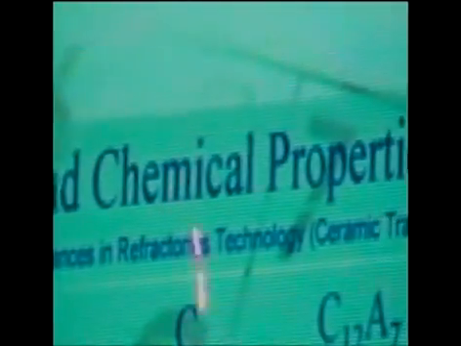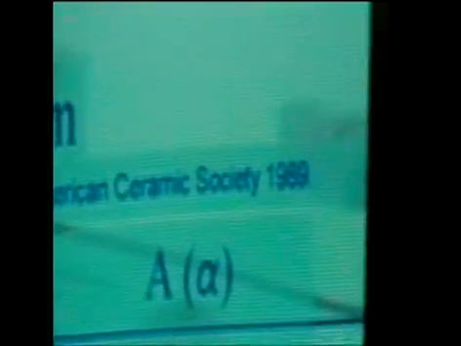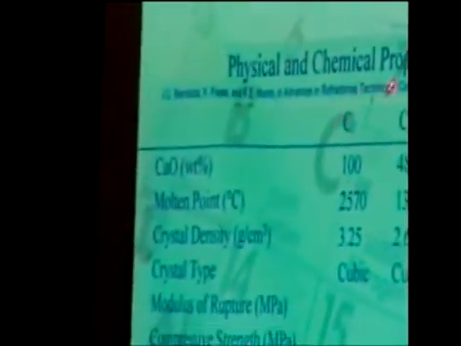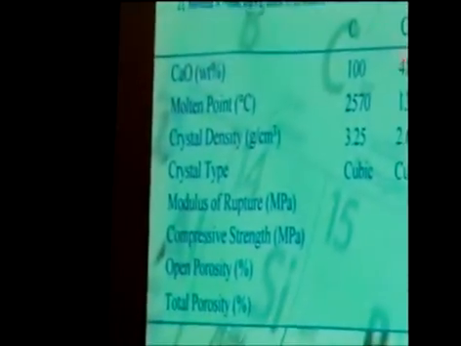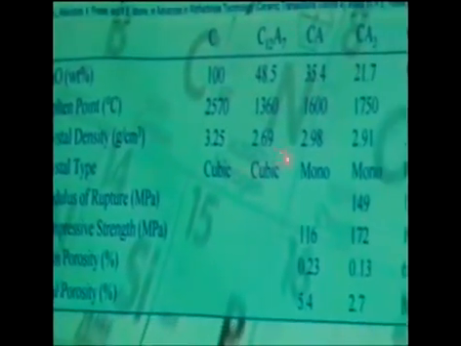And these are the properties taken from the literature for the different types of phase. This phase we cannot see in the phase diagram over there; it is actually not a very stable phase. But you can see the properties here.